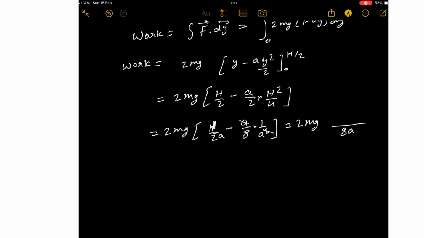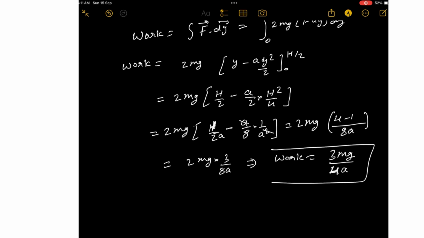So 8a is the LCM, 4 minus 1, and on solving you will get 2mg times 3 by 8a, or simply you can write it as work is equal to 3mg by 4a. This is our answer.